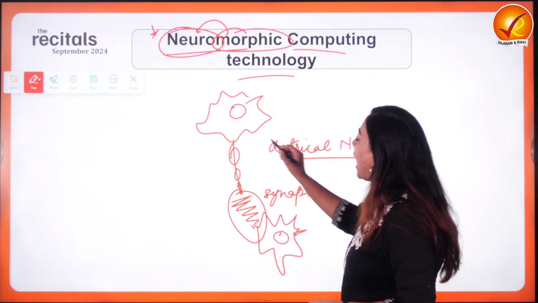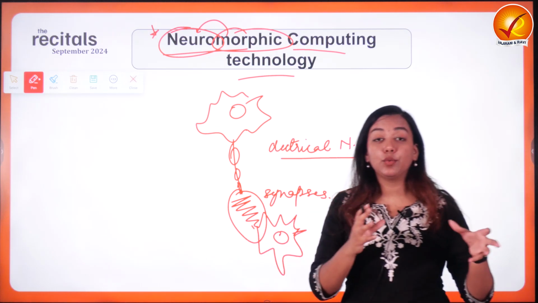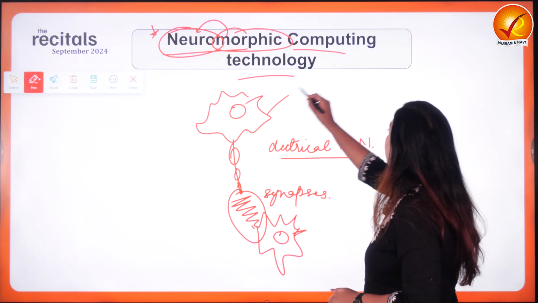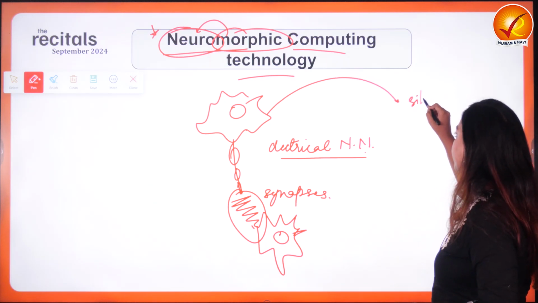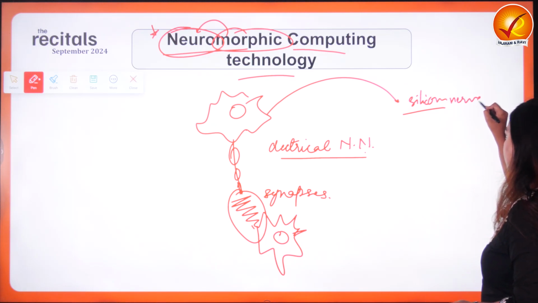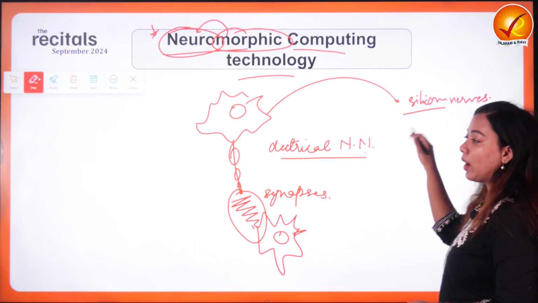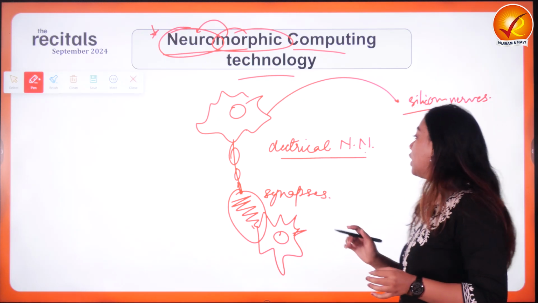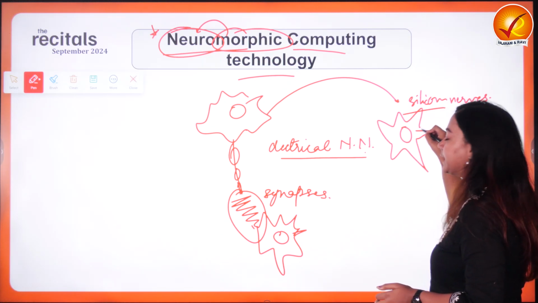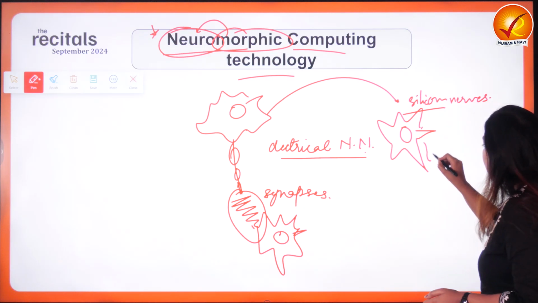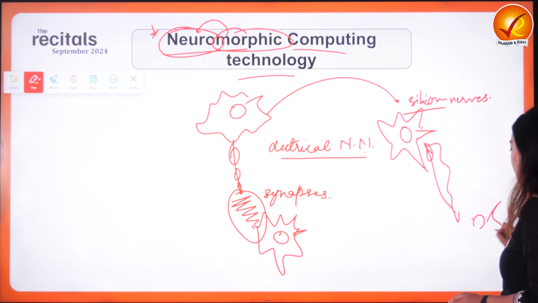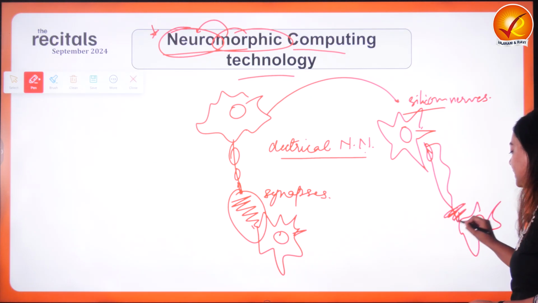How will they do it? Our organic neural networks are made up of neurons. So we will be able to mimic this with the help of silicon or silicon nerves. These silicon nerves will be used to create these neurons, and then they will be connected to other neurons with the help of electrical signals.